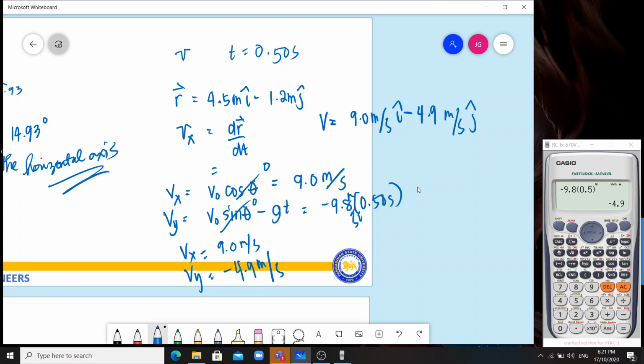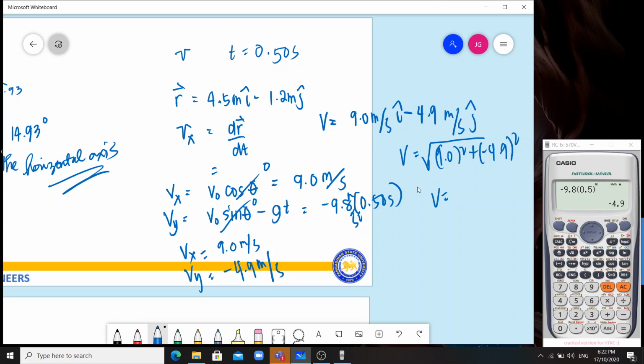Okay? So, kung kukunin natin yung velocity, kunin natin yung magnitude, square root of 9.0 squared plus negative 4.9 squared.